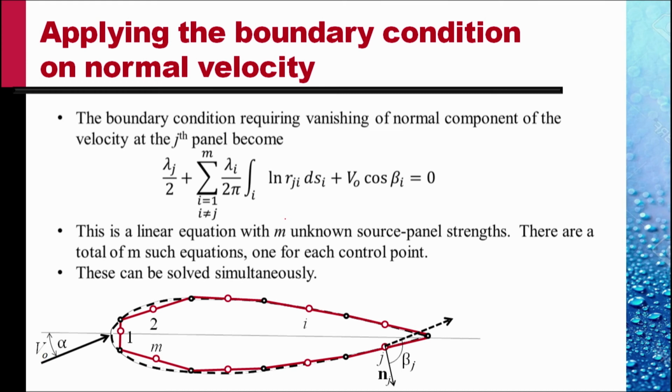The boundary condition requiring vanishing of normal components of the velocity at the jth panel becomes lambda j by 2, the contribution of the jth panel, plus the contribution of all other panels except i equal to j, plus the contribution of the free stream V naught cosine beta j should be 0. The normal velocity should be 0. This is a linear equation with m unknown source panel strengths. There are a total of m such equations, one for each control point, and these can be solved simultaneously.